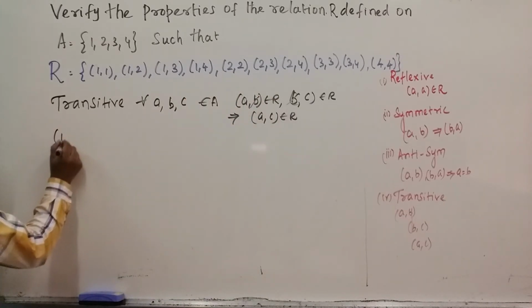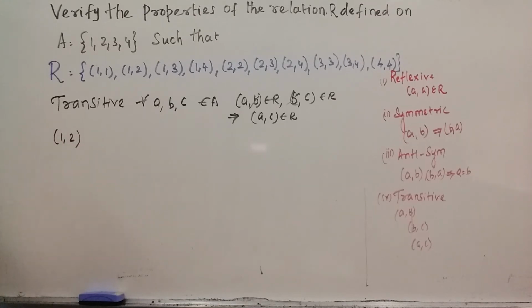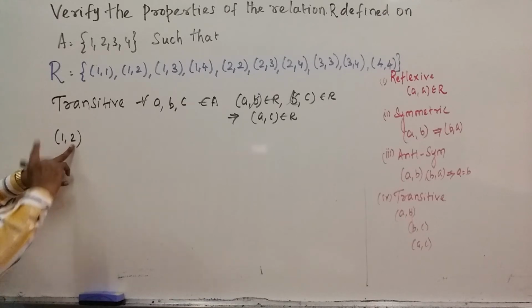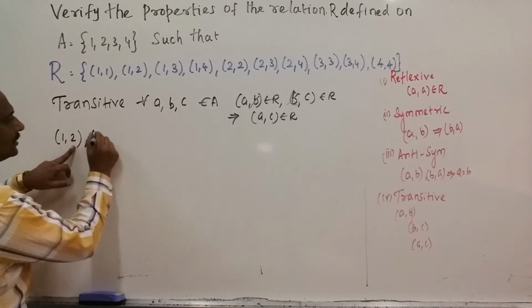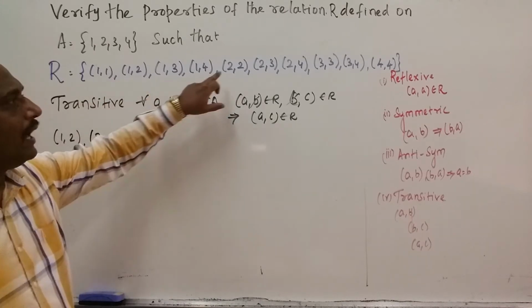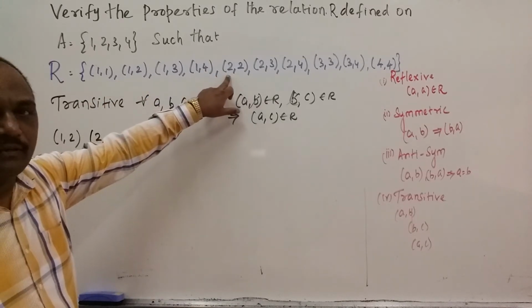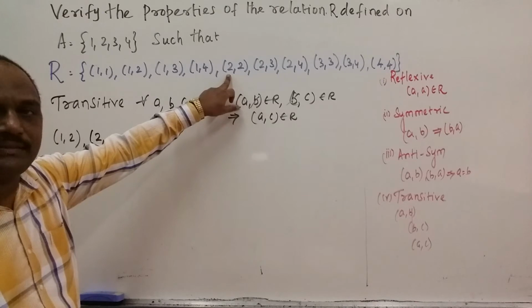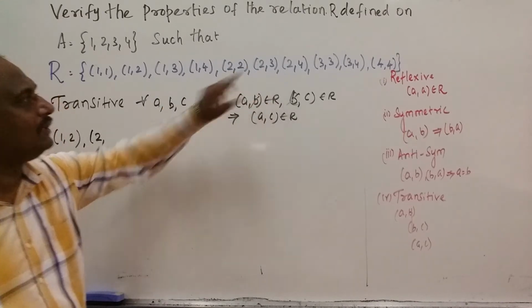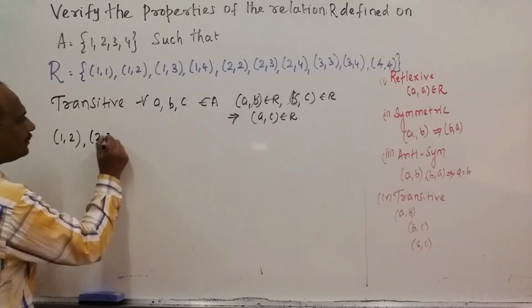For example, I am going to take (1, 2). Here the number is finishing with 2. I am going to check for the elements starting from 2. If it is reflexive, we can exclude. I am going to check the next one, (2, 3).